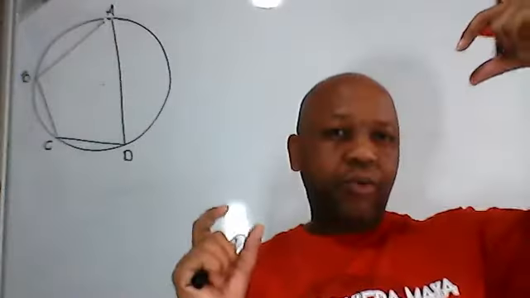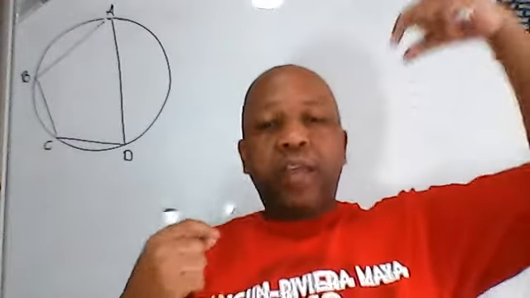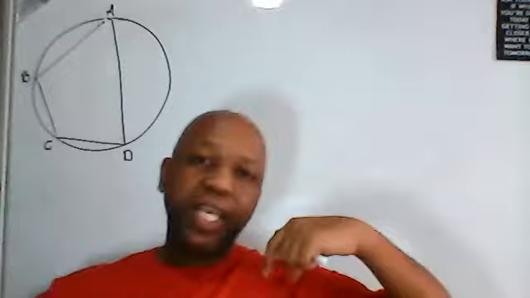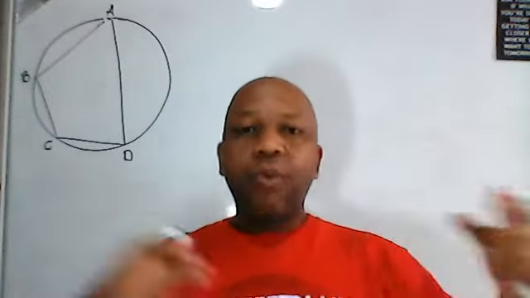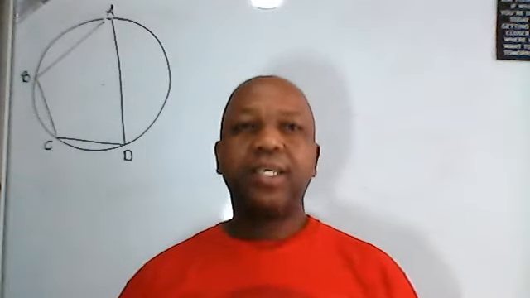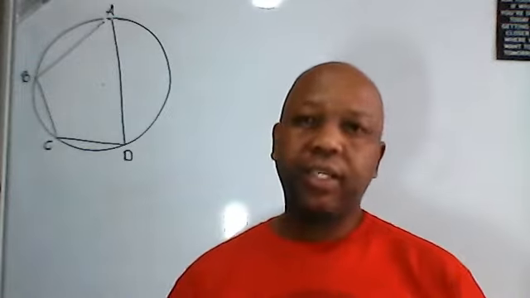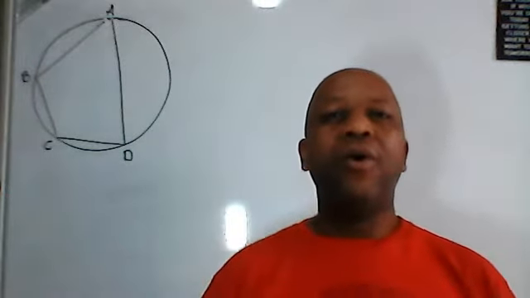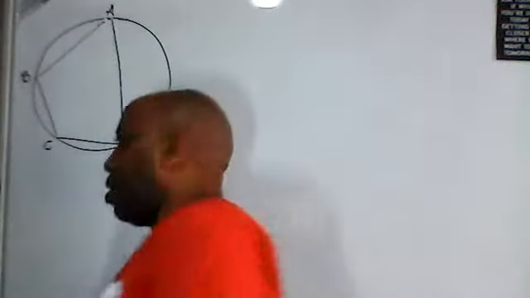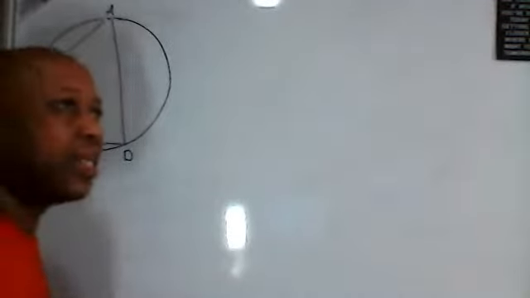So if you add those angles, or if you're given one of those angles and you want to find the other angle, they will add up to 180 degrees. Opposite angles of a cyclic quadrilateral are supplementary. There is a converse to that theorem, which we'll discuss just now.